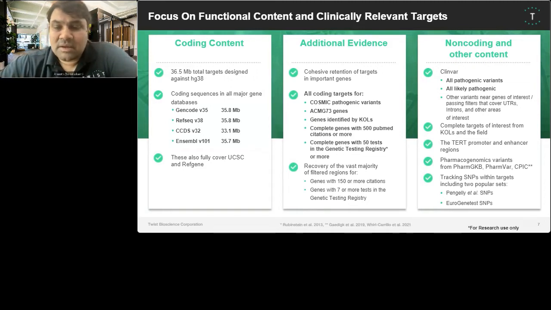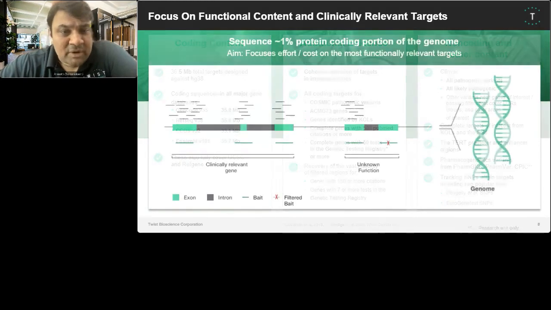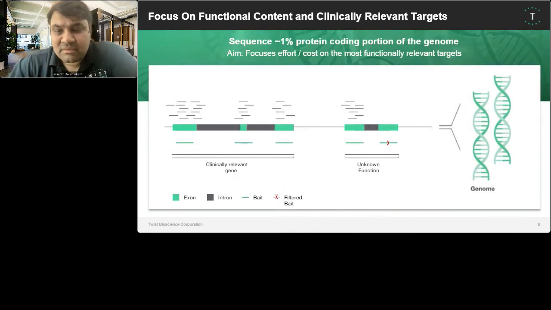And then we also included the 2 most popular sets of sample tagging SNPs that are currently used. So a lot of effort has gone into deciding what content needs to be part of this exome. To emphasize, we really focused our efforts on key and functionally relevant genes.